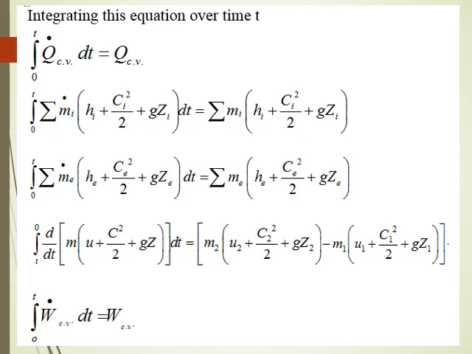For example, we have integrated the heat transfer rate, we have integrated the energy associated with the incoming streams for the time period, we have integrated the energy associated with the outgoing streams, and we have also integrated the energy within the control volume that was changing for the time period t, and we have also integrated the work transfer rate so as to obtain the work transfer for the entire time period t.